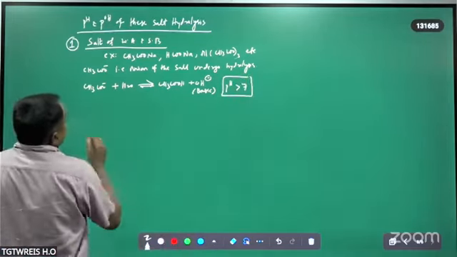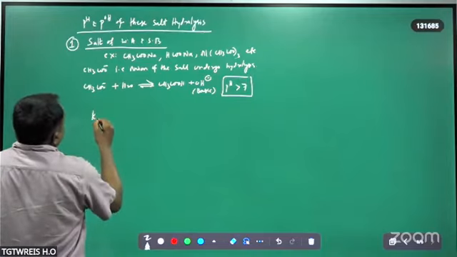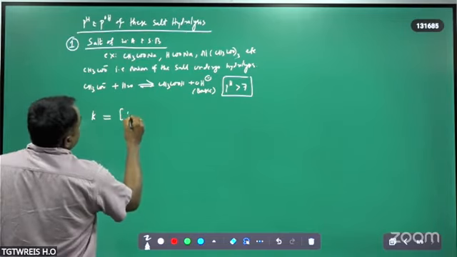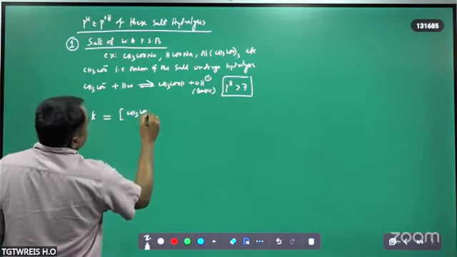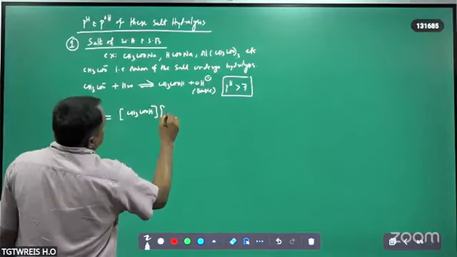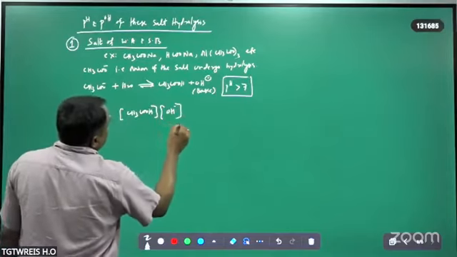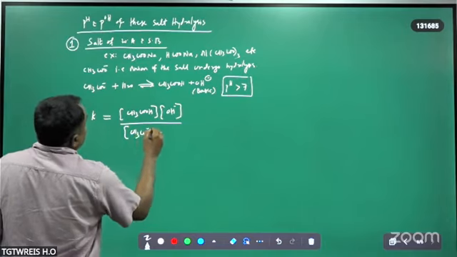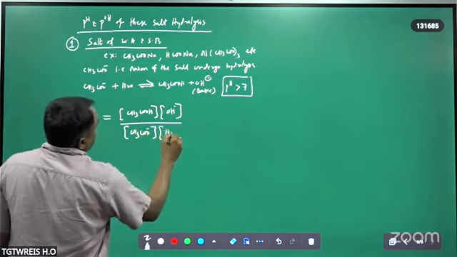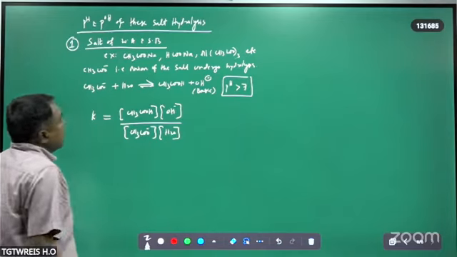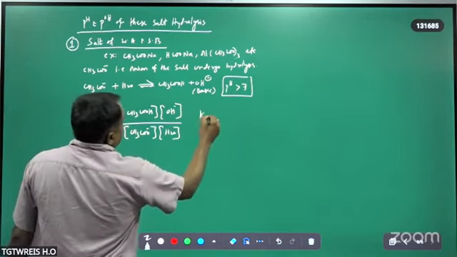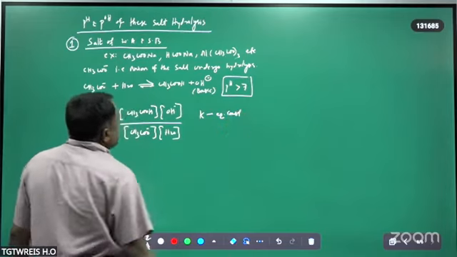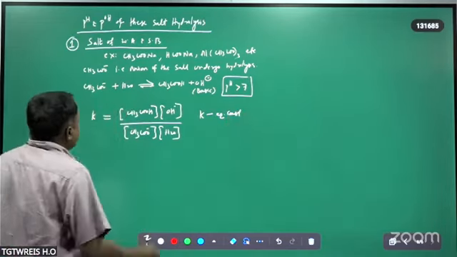So this is an equilibrium. Therefore, K is the equilibrium constant, equal to CH3COOH into OH minus, divided by CH3COO minus into water, in terms of molar concentrations.